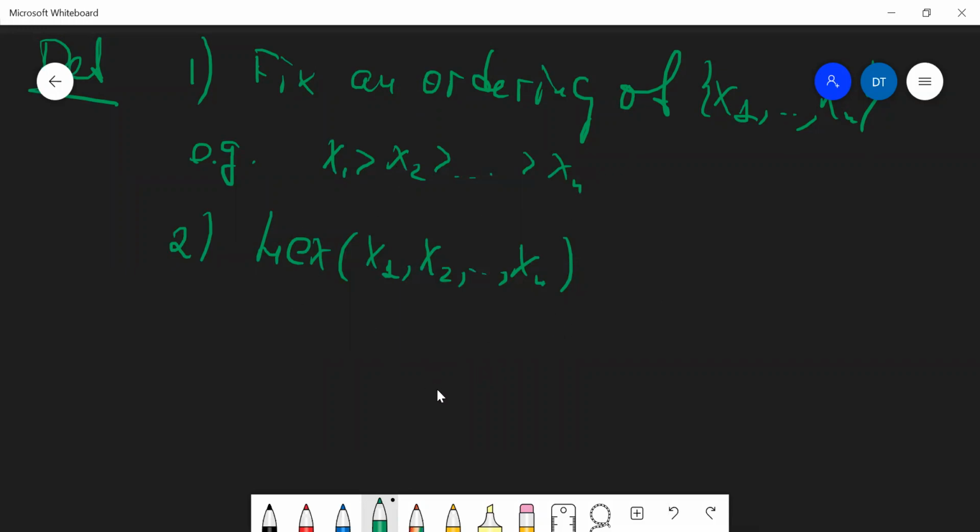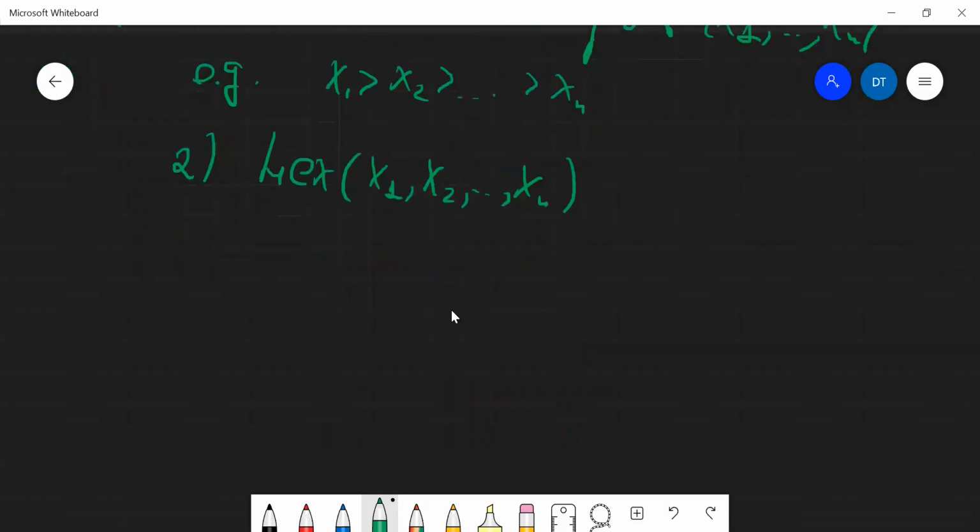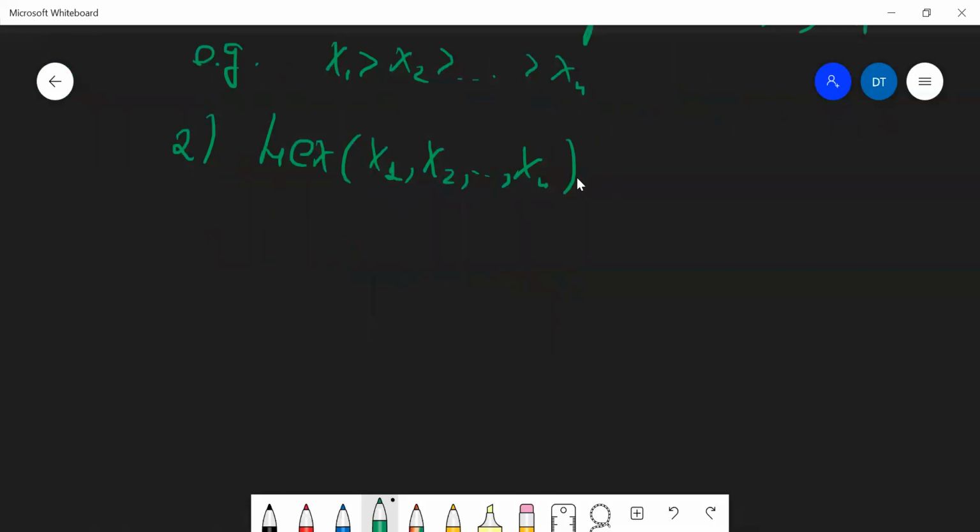So the lexicographical order with respect to this ordering of variables. What is this? This is a comparison rule, an algorithm for how to compare two monomials in variables x1, ..., xn. In order to define it, I have to explain how to compare a pair of monomials.